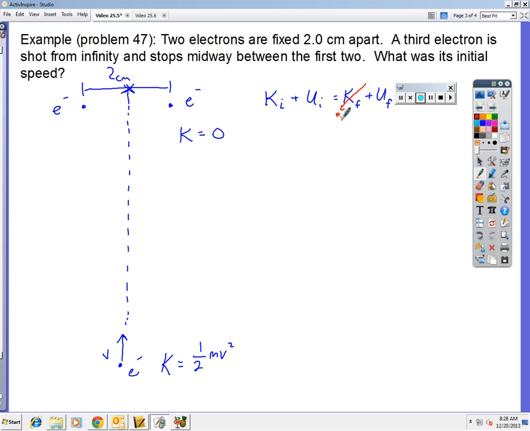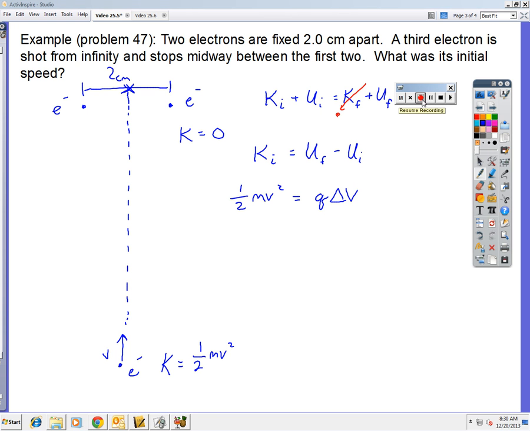Now this one equals 0, and that tells us that the initial kinetic energy, Ki, equals the change in the potential energy. So 1/2 mv squared is Ki. The change in the potential energy is the charge on the electron times the change in its potential.